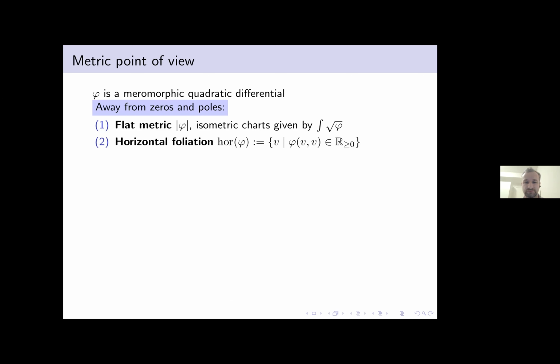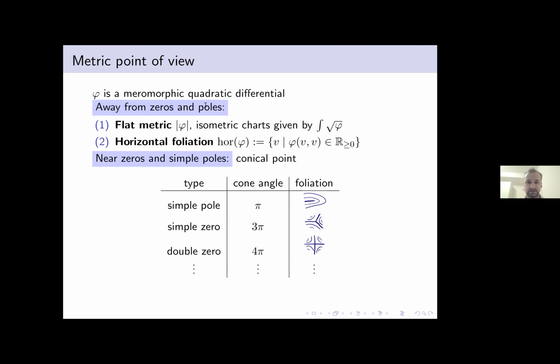And this foliation will be parallel with respect to this metric. So if you know the foliation at one point, you can just parallel transport it and you know it at all other points. The only thing the metric doesn't know about this foliation is some overall angle. But once that's fixed for every component, that determines the foliation as well.